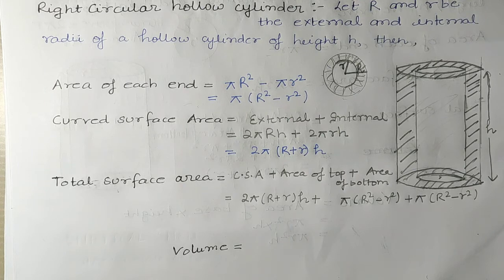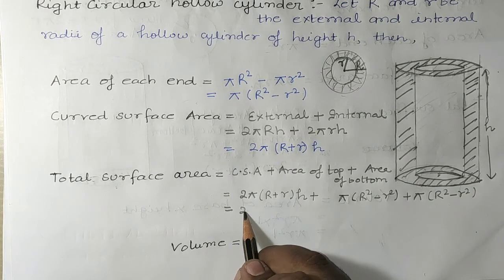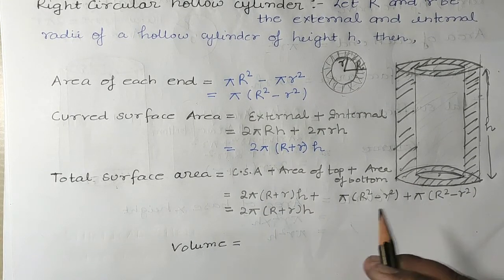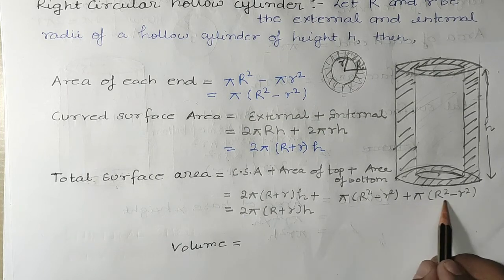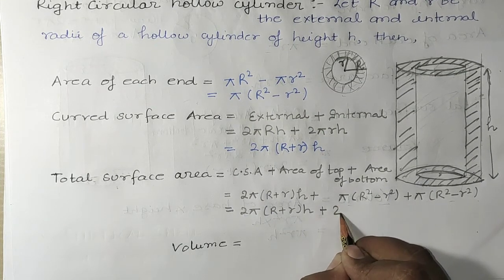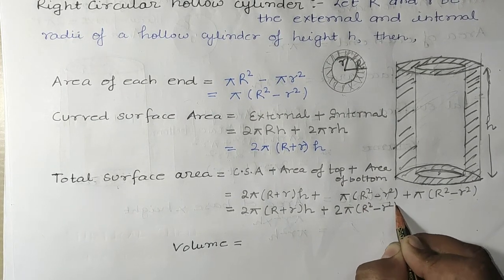Now let us simplify it. Here it is 2 pi, R plus r, into h. Pi R square minus r square, pi R square minus r square, that is the same thing. So here it will be 2 times pi R square minus r square.